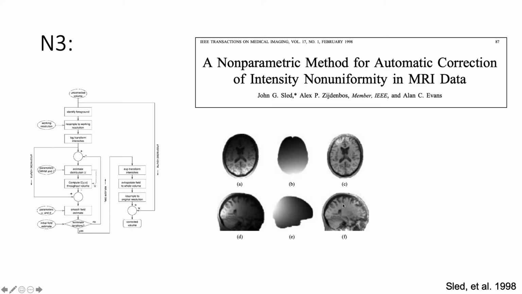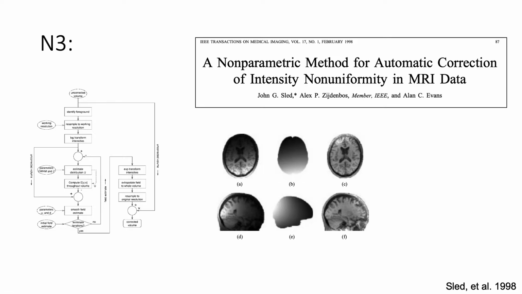You can kind of see, it's kind of blurry, but you can see the dark intensities versus white, and then you identify where those are located, and then you can apply it to your volumes, and this is your corrected version of it. It looks a little bit more uniform.